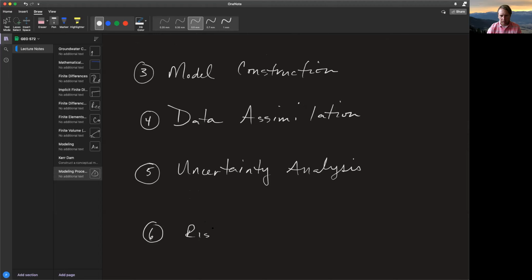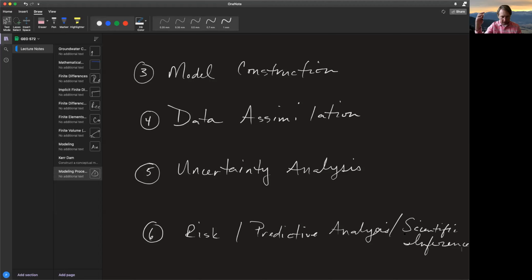That might be risk assessment, that might be predictive analysis, or it could be making some kind of scientific inference on a process. Right? And finally, this is where we use our model to get back at that question that we were trying to answer in the first place.